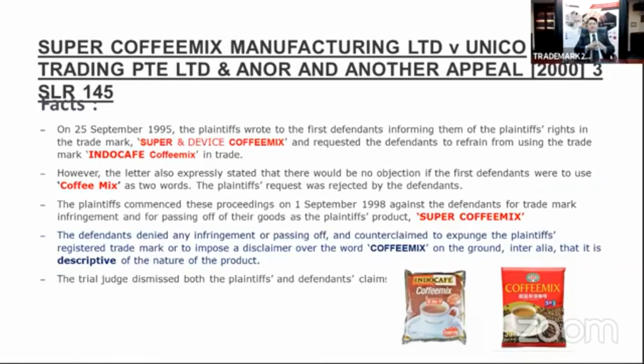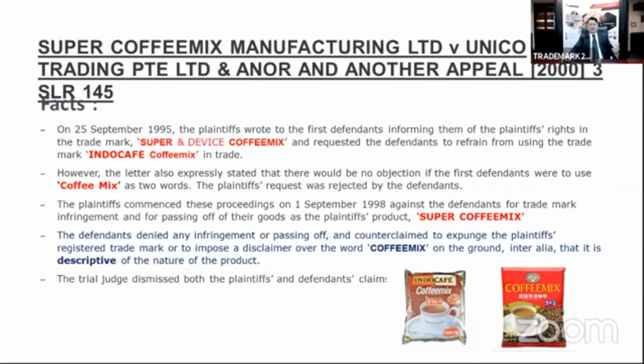In this case, Super Coffee Mix is suing Indo Cafe Coffee Mix over what? Over the use of the word coffee mix. In 1995, the plaintiff told the defendant to stop using coffee mix, because they are using Indo Cafe coffee mix. I show you these two packagings here.